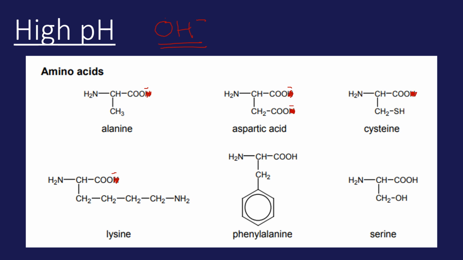Phenylalanine. Minus. There we go. Checking the side chains as I'm going, but I'm on autopilot. So that would be the structure of those 6 amino acids at a high pH. Any acid groups will donate a proton. Simple as that.